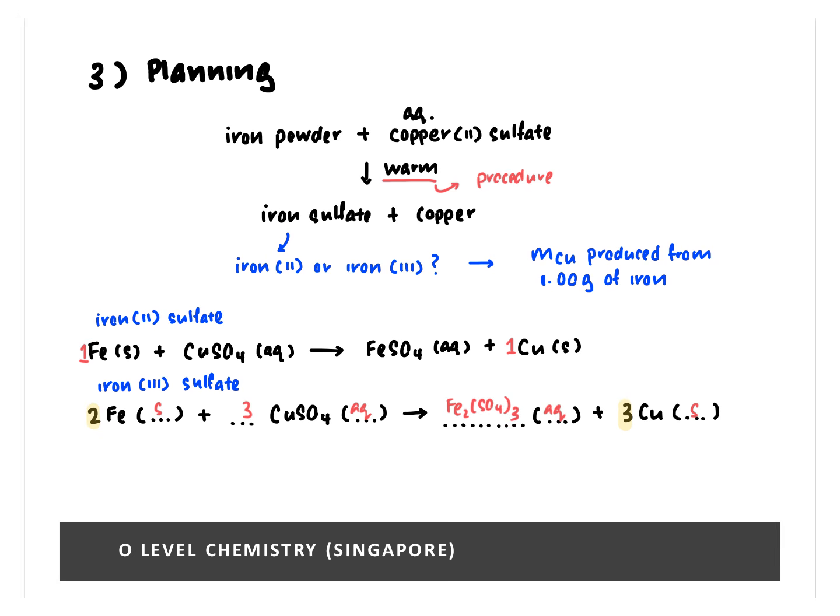They are trying to tell you that in the products, you have a mixture of a solid and an aqueous solution. So in order to separate the solid from an aqueous solution, it's again very simple. You just need to perform a filtration. So from the hints given, from the method that they have prescribed, it makes the planning actually very straightforward.